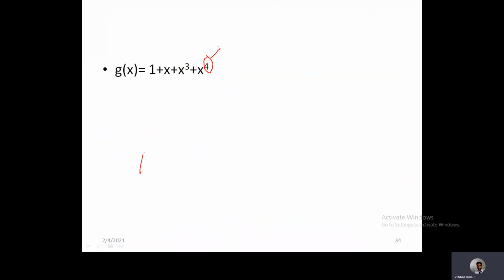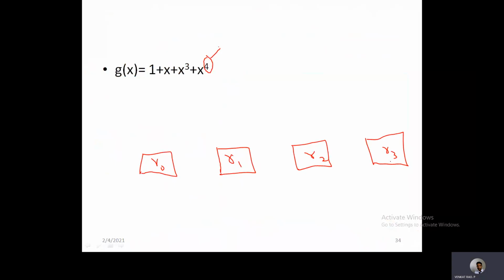First draw the 4 flip-flops as boxes like this. So 1, 2, 3, 4. Then represent them with notations like R0, R1, R2, or whatever notation you want.